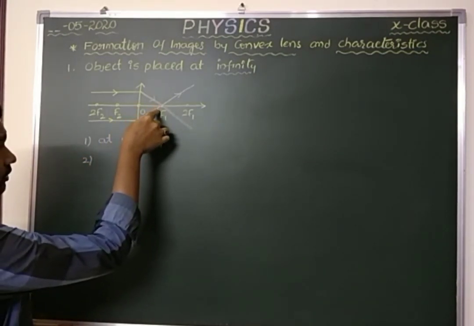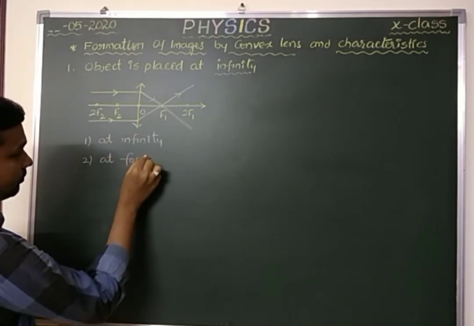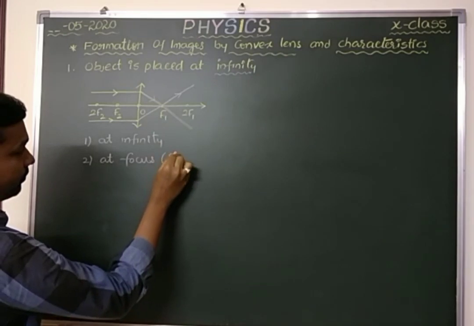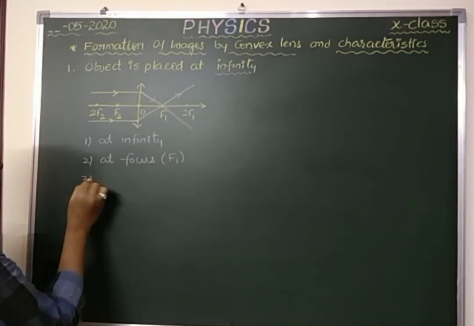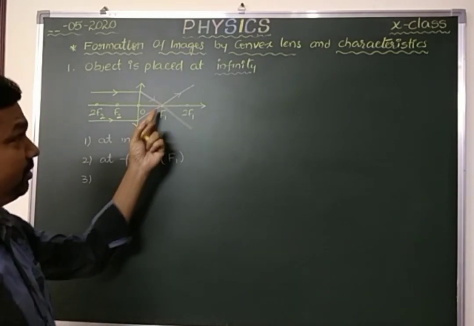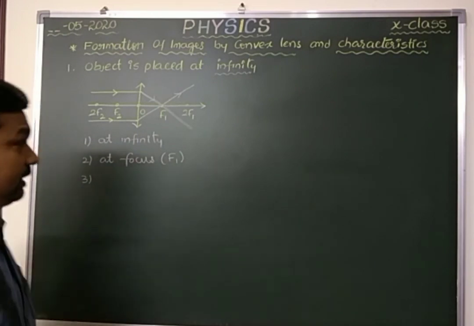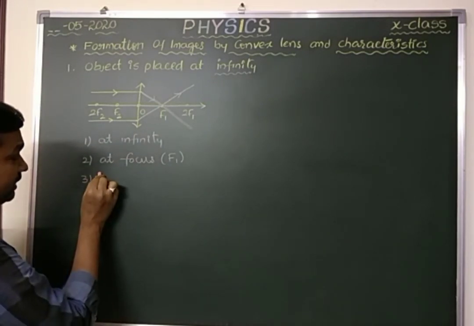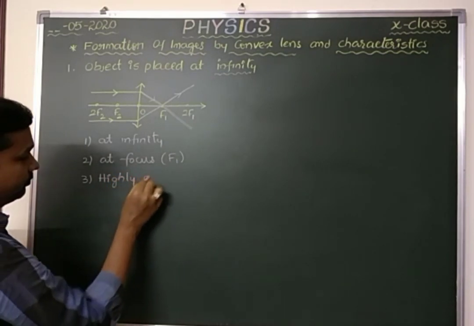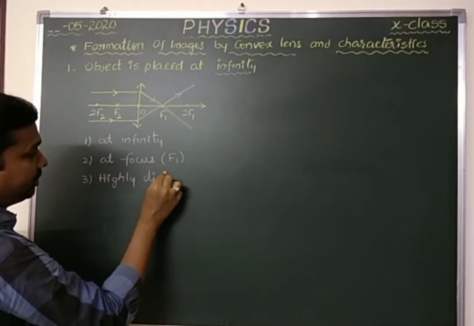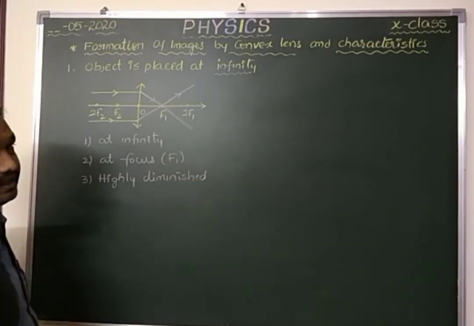Image is at focus F1, you can represent. What is the size? The size of this image is very small. It is point size, highly diminished, or you can take it as point size.